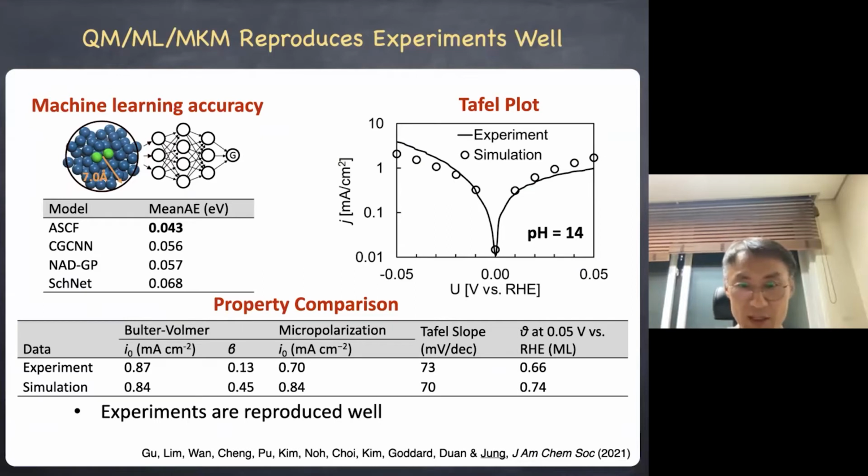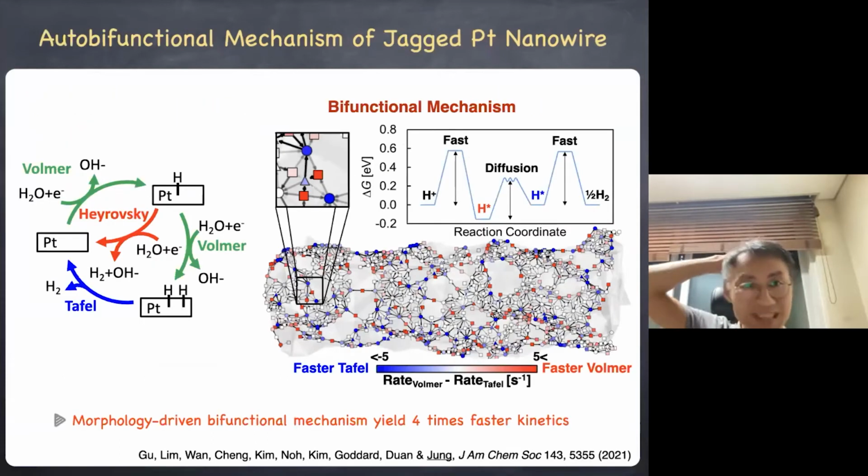The other experimental parameters are also well reproduced. By establishing this agreement between theory and experiments, we were able to understand why this jagged platinum nanowire showed such an enhanced activity. The hydrogen evolution reaction usually consists of two steps.